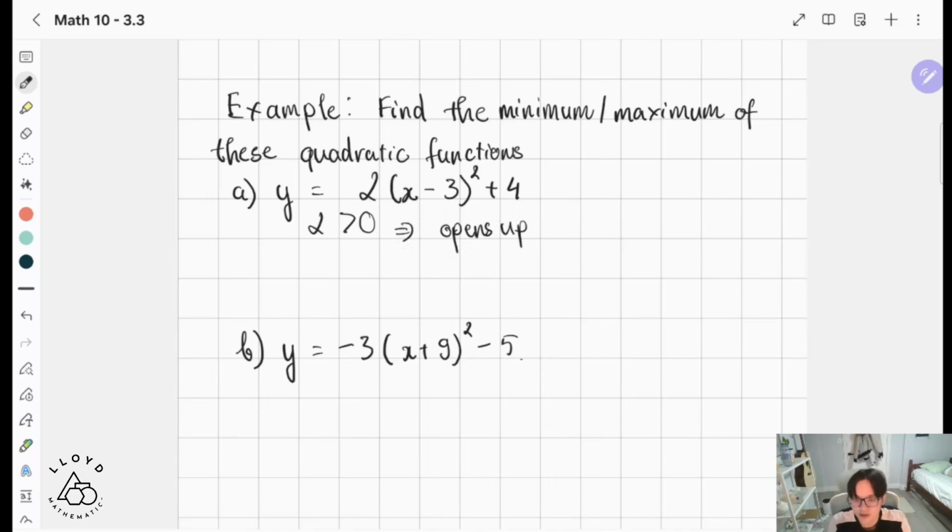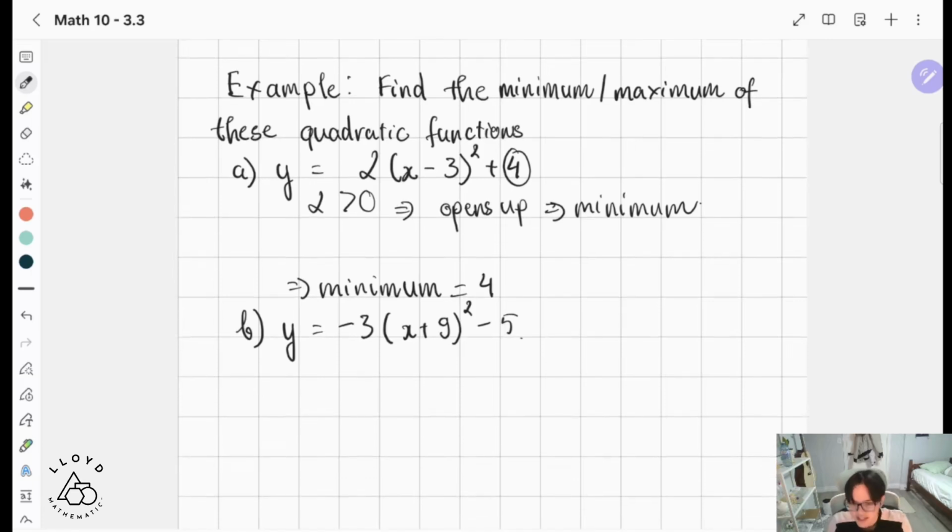If it opens up, this will give us a minimum, like this. This is the minimum. So here, the number plus 4 is the k that we need. So the minimum is equal to 4, right?